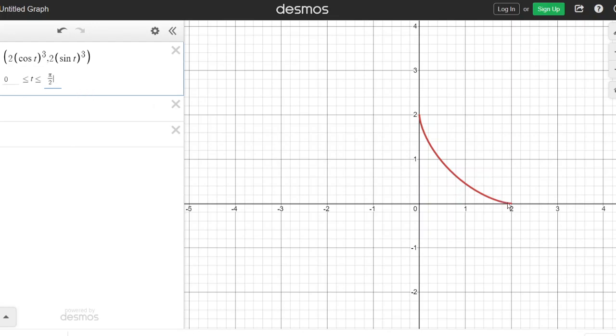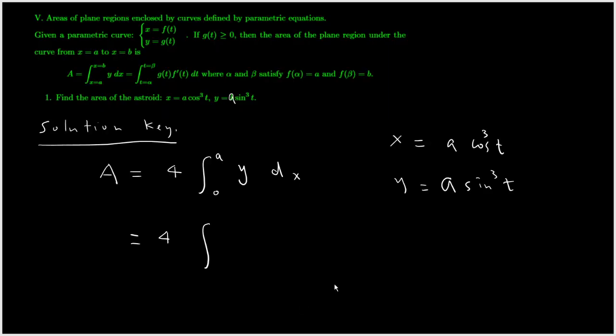A t value of 0 will give you the point with x coordinate of 2 and y coordinate of 0. And the t value of half pi will give you this point. In particular, t value of half pi will give you x value of 0, and t value of 0 will give you x value of 2. I'm trying to say, I will write it so backward.